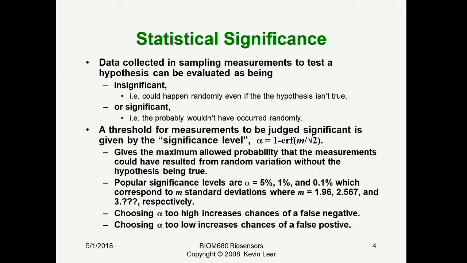And you might think, wow, that doesn't sound that good, but people use that all the time, that there's only a 1 in 20 chance that my results are random, and that's usually good enough to get things published. In certain medical diagnostics, people are looking for better results, so that, for example, there's only a 1% chance that this could have randomly occurred, or sometimes even a 0.01% chance, and you can see that those correspond to getting further and further out on those curves.